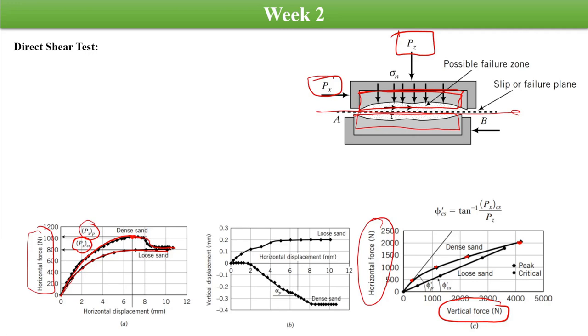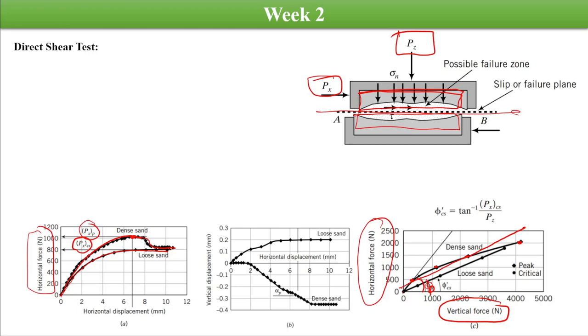We'll do multiple direct shear tests, then we'll obtain these one, two, three, and four values of the peak stress. If we plot, this will be like a curved line. If we fit a linear line through these points, then from this line we can obtain the value of phi p, the internal angle of friction for the peak stress.